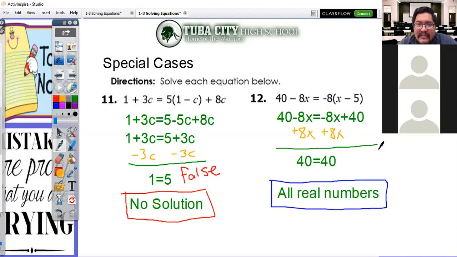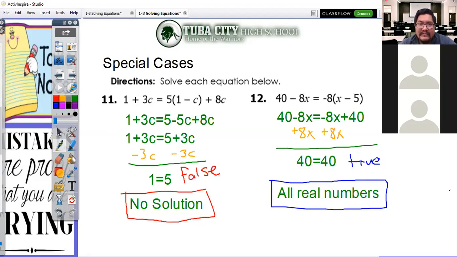If I put in something like x equals 100, I don't know what it is, but I might get something like 140 equals 140. That's true. It's always going to be true. So that's why this is different. Now, again, the way you tell is because if you have the equation here, it will be a true statement. So again, these two things look the same, but they are different cases.